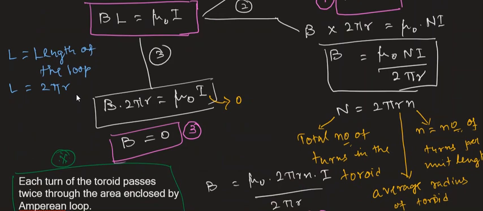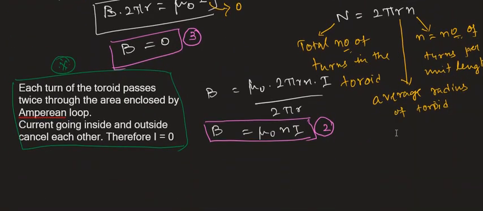But in the case of the second one, in the toroid, B is equal to mu 0 N i, where mu 0 is constant.